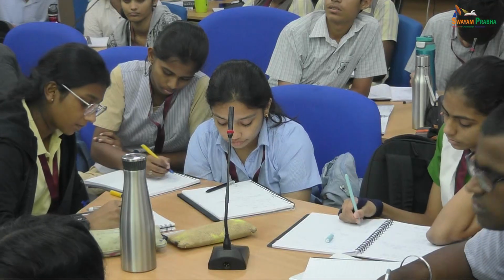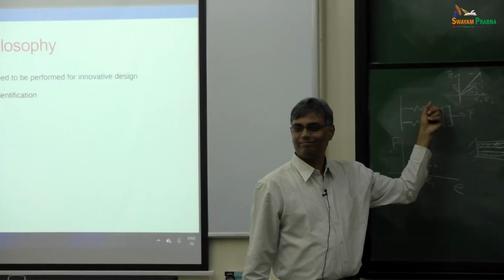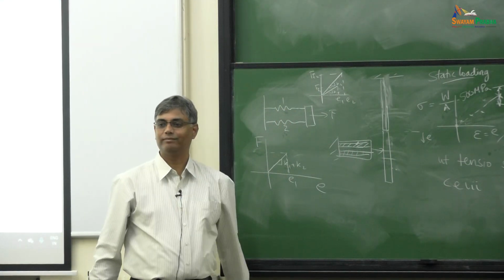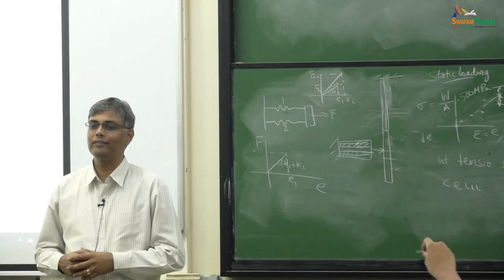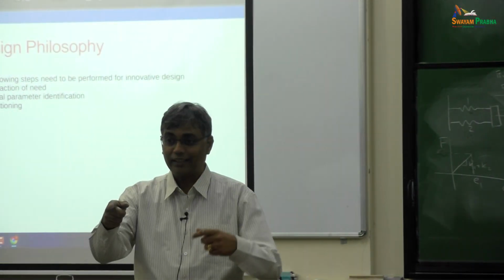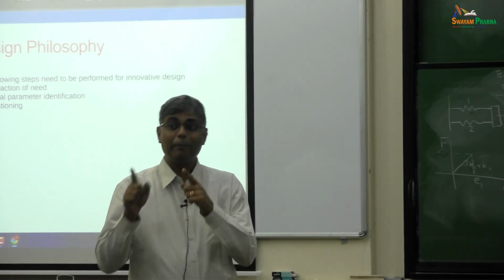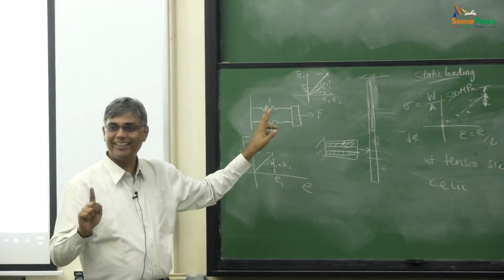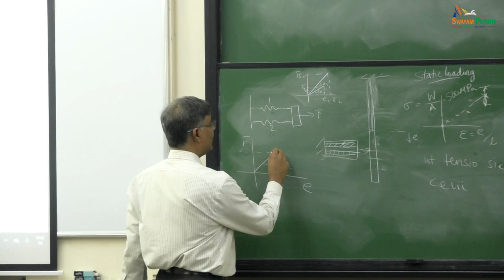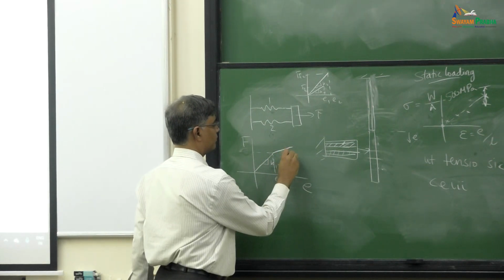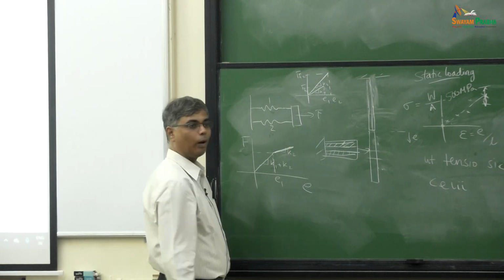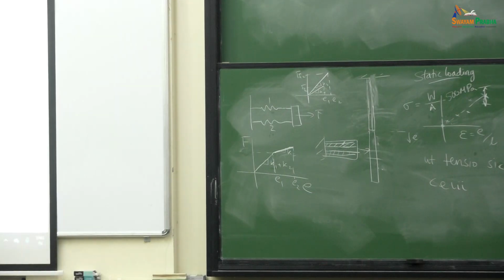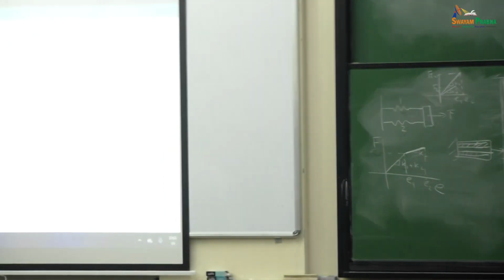Then at that point, suddenly this one will break. I don't know which one is which, let us say this is 1 and 2, so one will break. Then if I continue to load it, what will happen? It will reach E2, but at what slope? Now K1 is gone, it will only be K2. So suddenly the slope will change and it will go up to E2, and then even that will break.